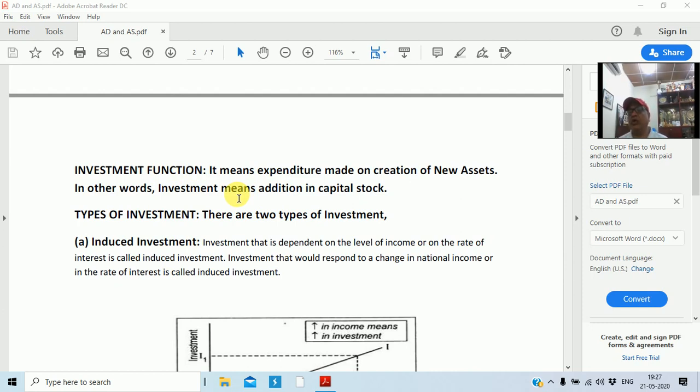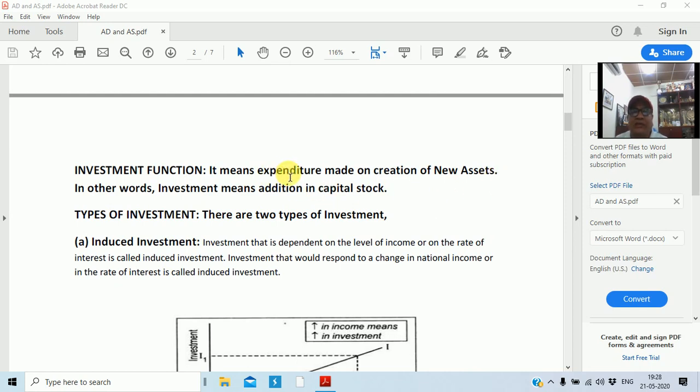If you use the money over the development of capital assets or capital goods, that act is known as investment. For example, construction of a road, what is it? Investment. Construction of a bridge? Investment. Construction of buildings? Investment. So what is investment? It means expenditure made on creation of new assets.